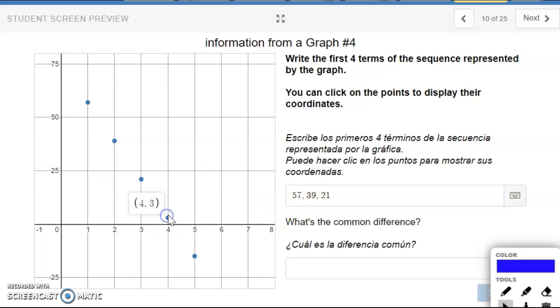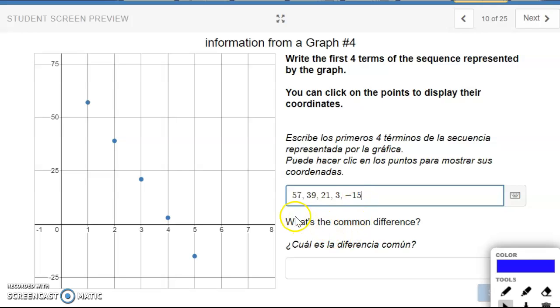And then for the fourth term, a sub 4 is 3, I think. And finally, for the last one, when n is 5, a sub 5 was negative 15.